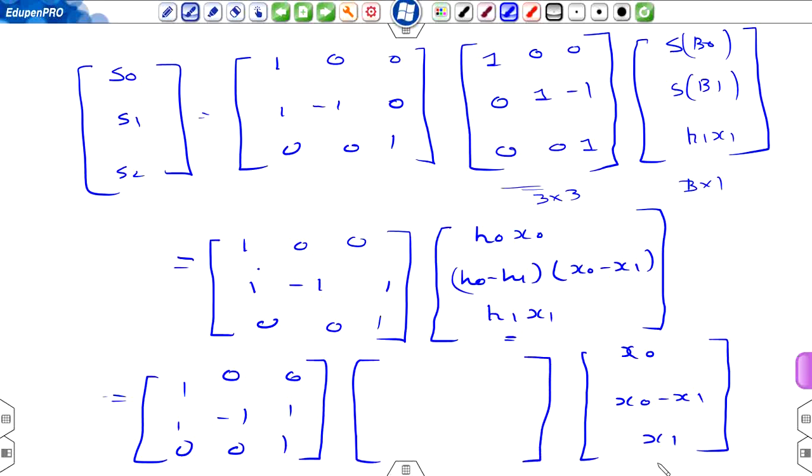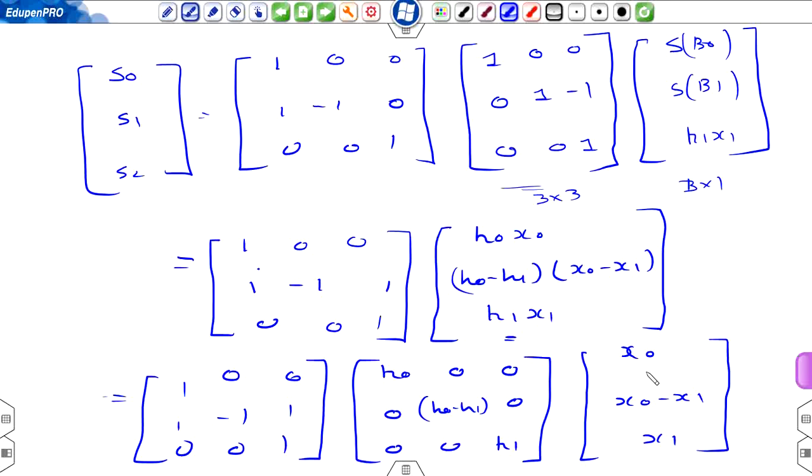So this is a 3 cross 1 matrix, so it should be a 3 cross 3 matrix, and its elements are h0 into x0, remaining terms will be 0. This term is 0, this term should be h0 minus h1 into x0 minus x1, and this should be 0, and this should be 0 0 h1.